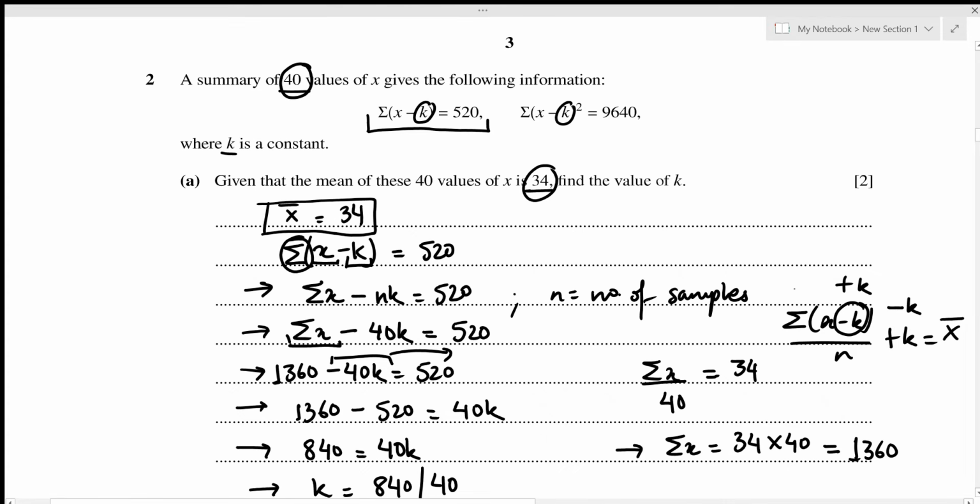It doesn't matter whether you're subtracting a certain value or adding a certain value to the actual values of the variables that we're taking into account. So instead of using the formula for summation x and summation x squared, we can easily use the values of summation x minus k and summation x minus k squared in order to achieve the variance.